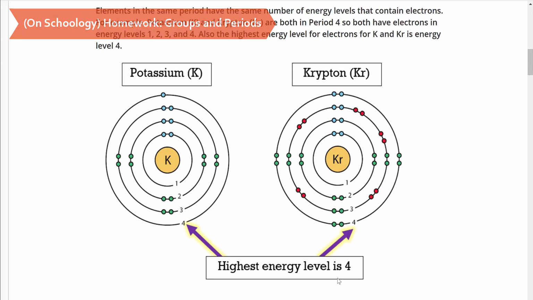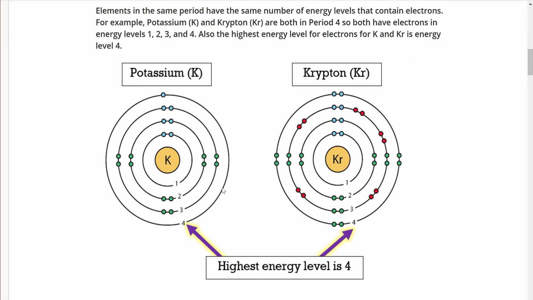So looking at one of the Bohr models, we can determine which period an atom would be in by looking at how many energy levels it has. Potassium has 1, 2, 3, 4 energy levels, and krypton also has 4 energy levels. Both of these elements we should find in period number 4.